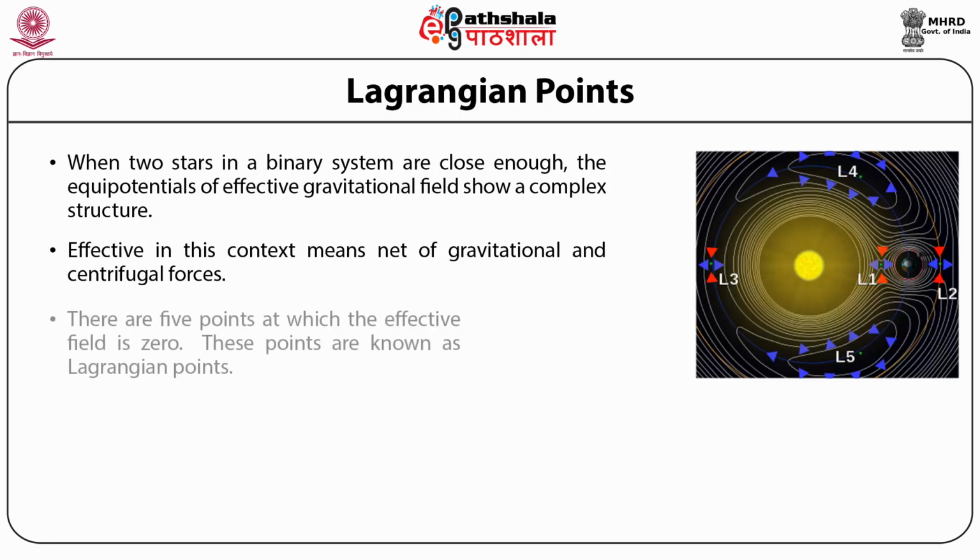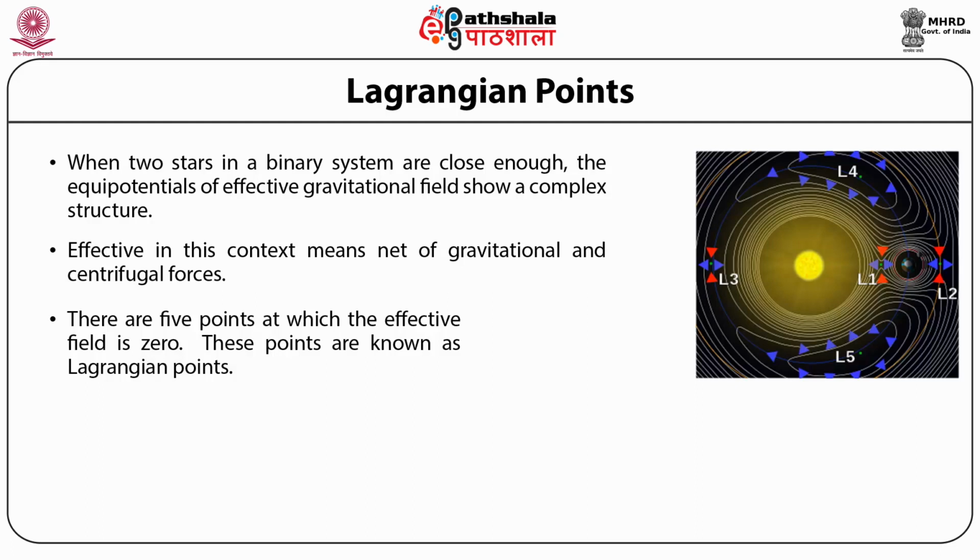In fact, there are 5 neutral points, the points at which the two forces balance: 3 on the line joining the two mass points and 2 on the line perpendicular to the line joining the mass points.